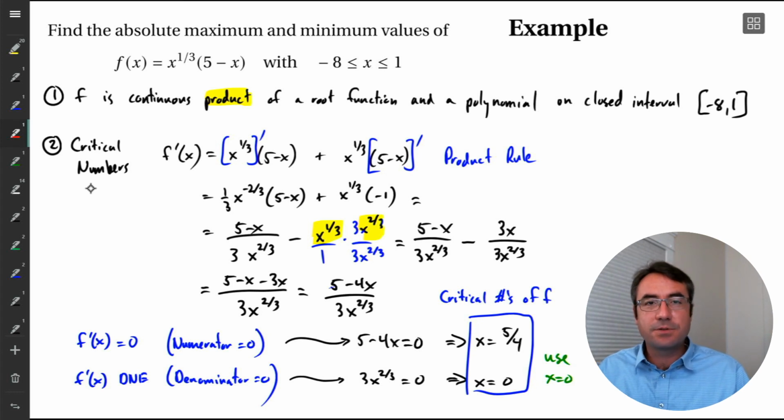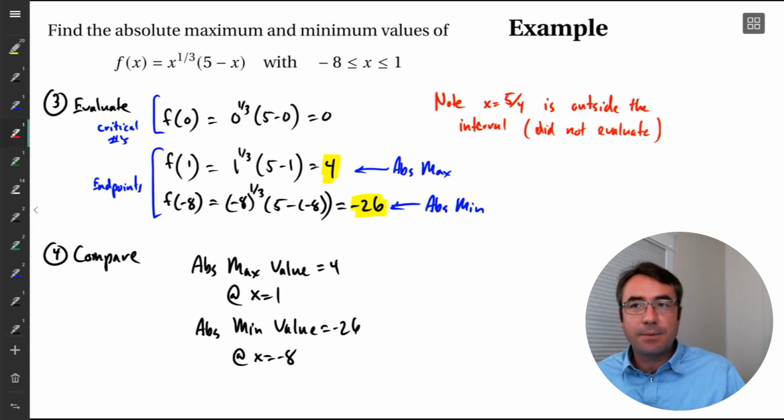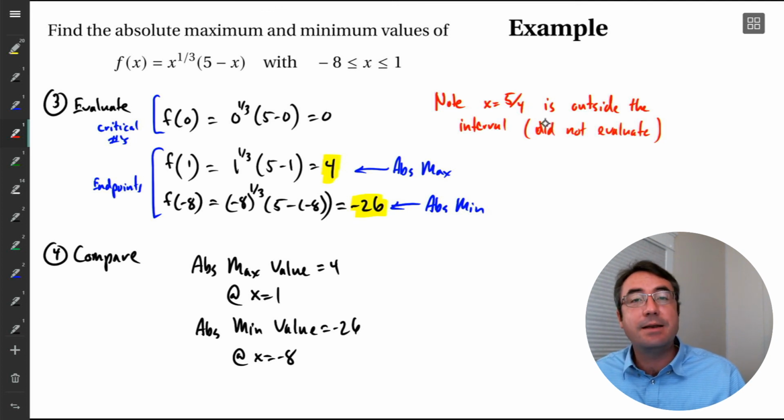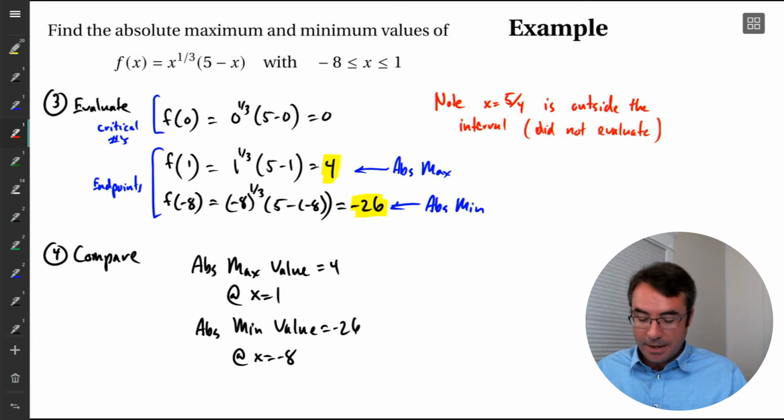So we find our critical numbers, which means get the derivative, simplify the derivative, and then figure out where the derivative is 0 and undefined. Then we take our critical numbers and the endpoints of our interval and plug them into our function, and we throw out any critical numbers that are not inside the interval. By plugging into the original function, this gives us a list of values that we go through and compare. The largest value is the max, and the smallest value is the min. And there we go. That's the closed interval method.